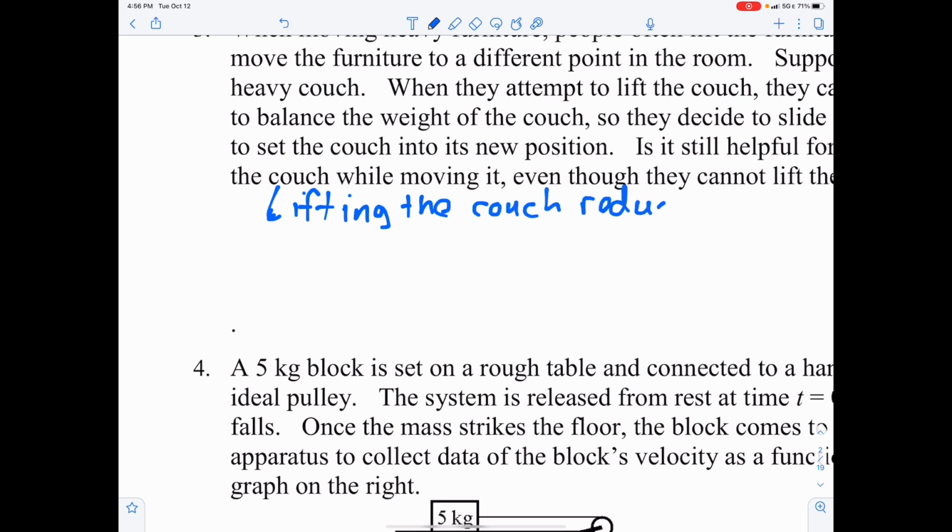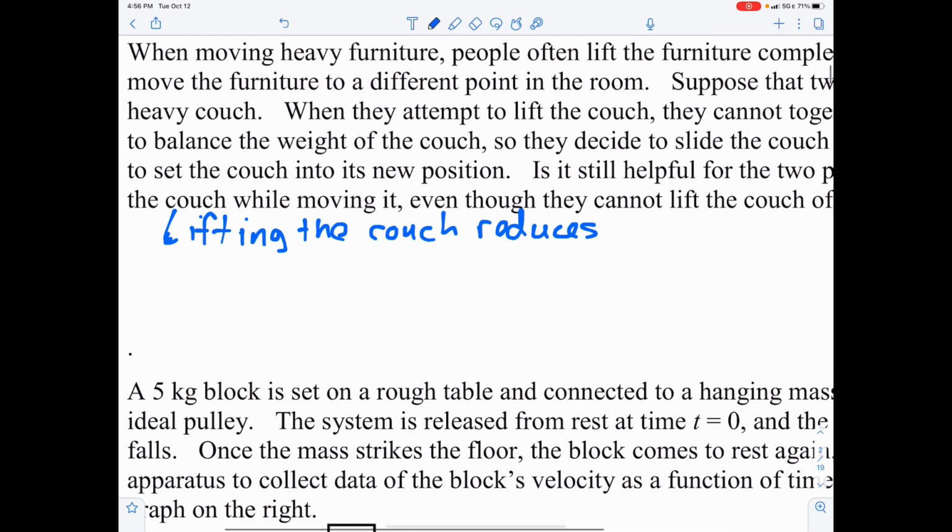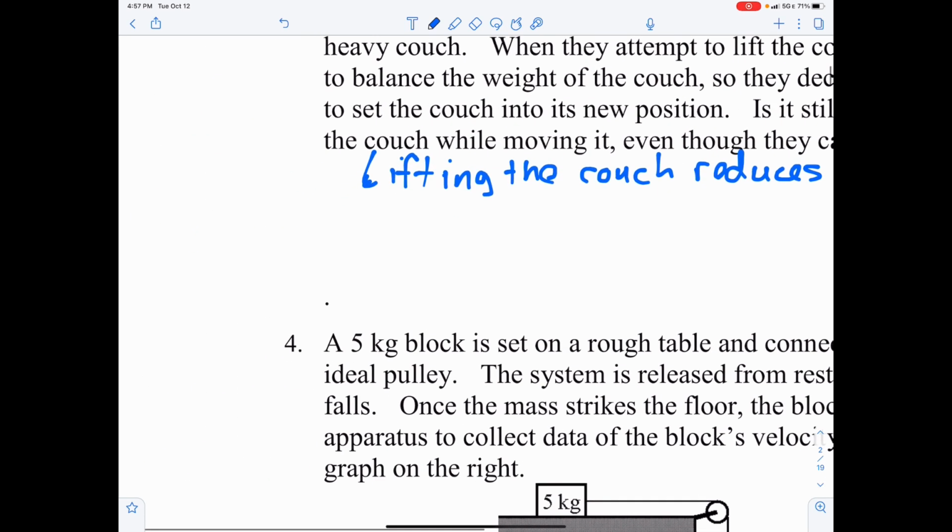Well, lifting the couch reduces the friction force. Okay, here's why. If you took a look at a picture, say here's the couch on the floor. If two people are exerting an upward force on the couch right here to be able to lift it, you've got the weight of the couch exerted on the floor.